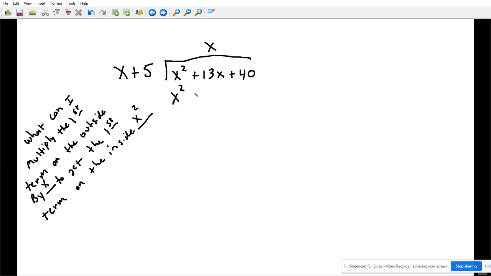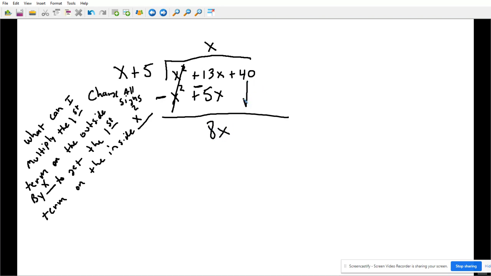These two should always be the same, okay? Now, really important, I'm going to subtract, which means I'm going to change all signs. So this was a positive. I'm going to make this a minus, and I'm going to make this a minus. Okay, so I'm going to add down. The x squareds cancel. I've got 13x minus 5x, which is 8x.